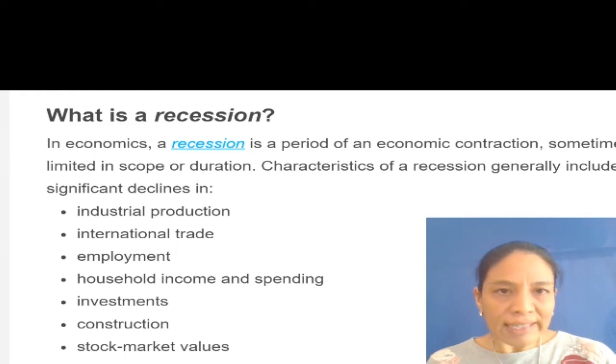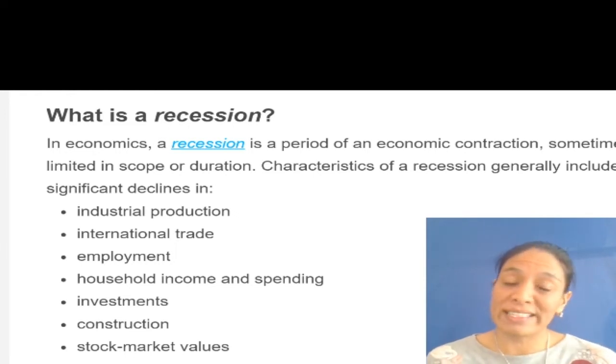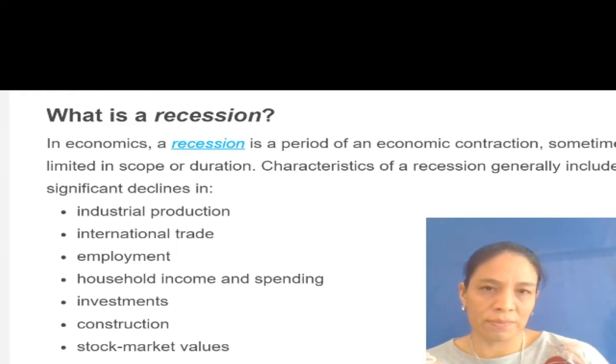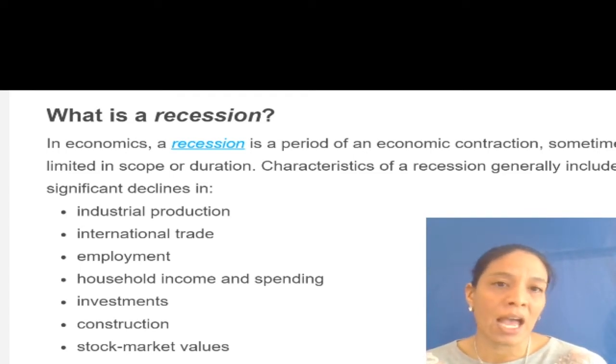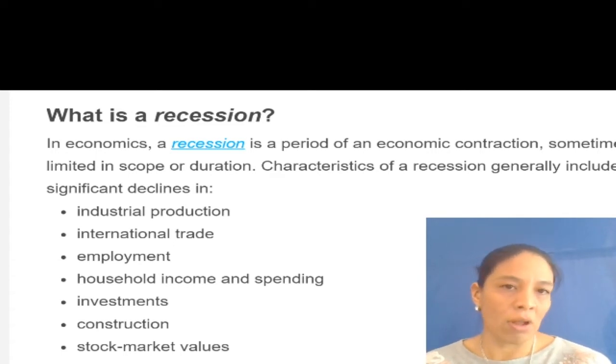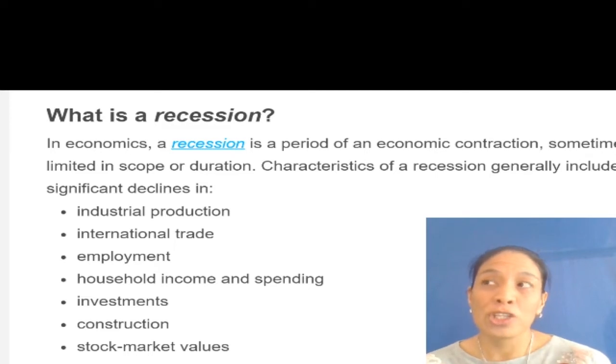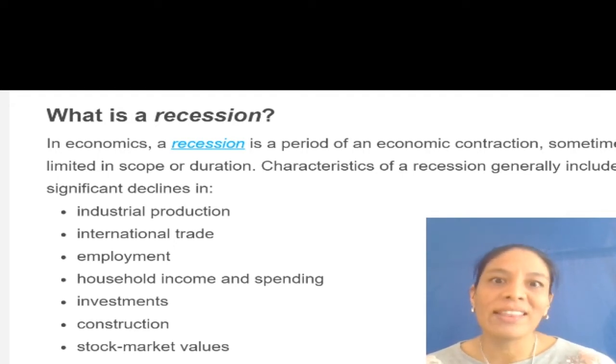So today's class topic is recession versus depression. Why can't we say if this pandemic, COVID-19, is going to turn this little downslope into a recession or in the future into a depression? We can't say that because it all depends on how people are reacting and acting in the situation.